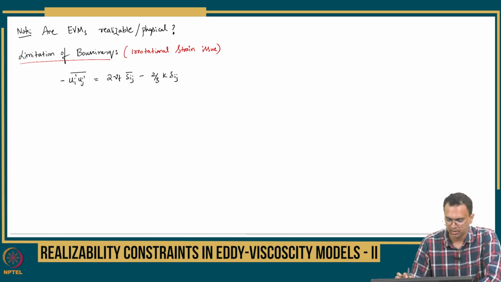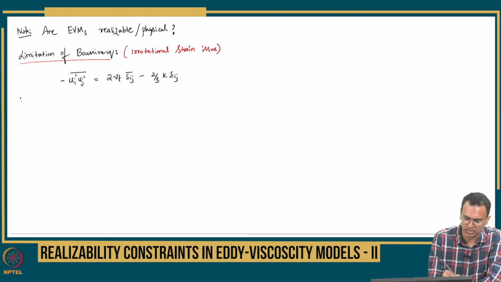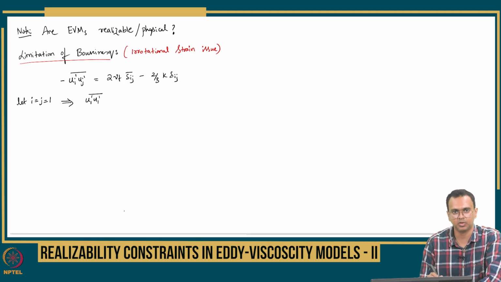Now I would like to take one of the normal stresses, because I already said normal stresses must stay positive. It's a square term. Let's say i equal to j equal to 1. That will give me u1 prime squared average. So this must stay positive.